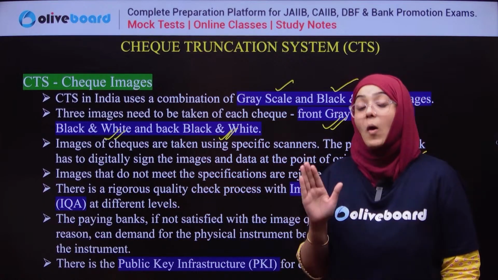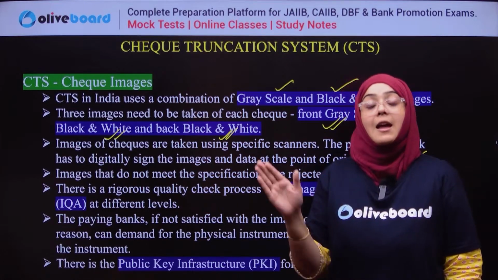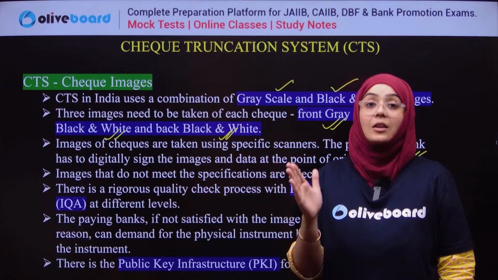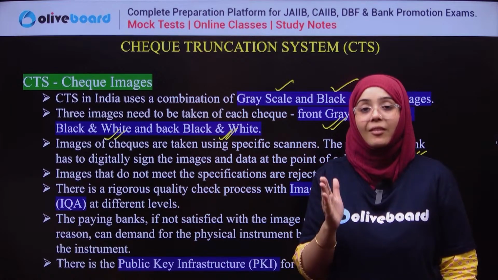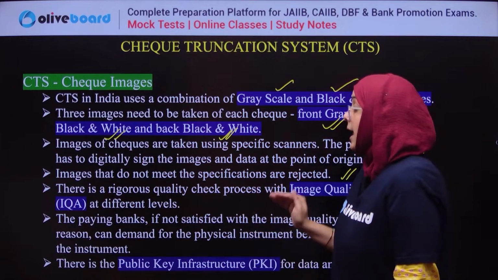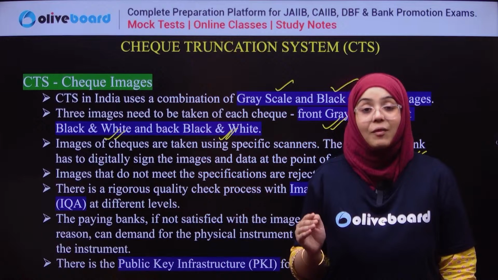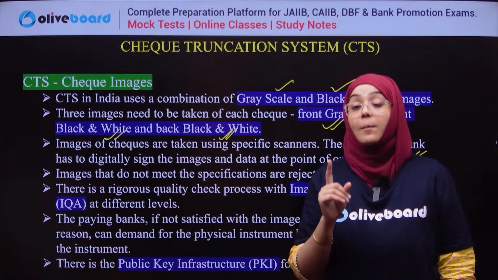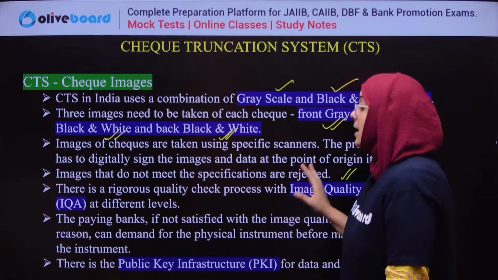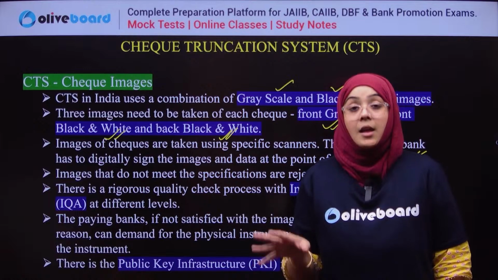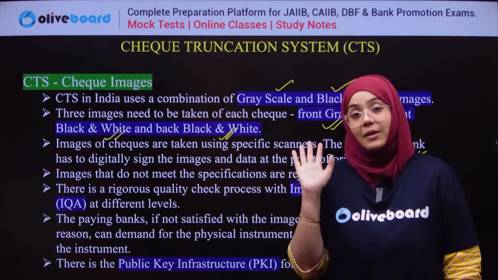There is a rigorous quality check for this. If the image does not meet the quality or specification, it can be rejected, and if the paying bank is not satisfied, they can demand the physical check before the payment of that instrument. Last, for security, there is the public key infrastructure.